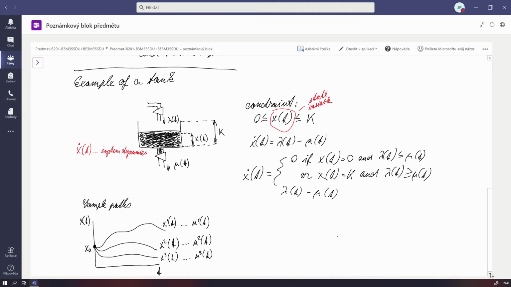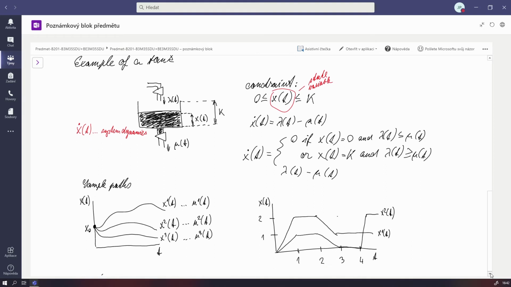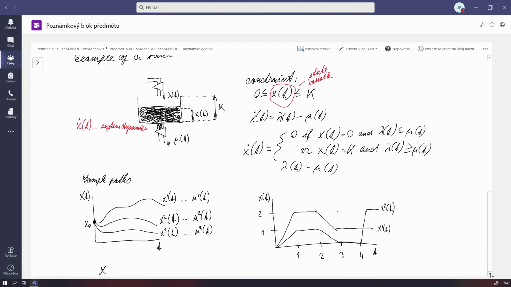So for the continuous sample path, the state variable is any value in the interval between 0 and K.